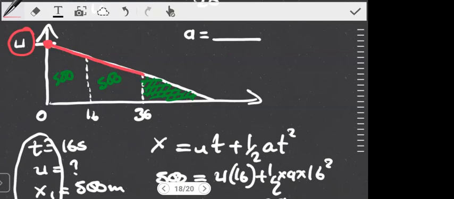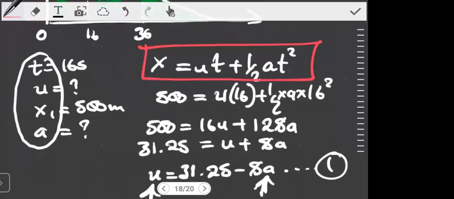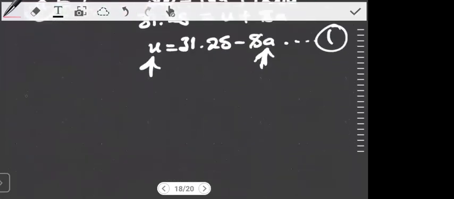So if I try to evaluate the motion in that time frame, 36 seconds, using the same equation, notice that now what I'm looking at is, my equation is S. So I'm not using S, I'm using X for displacement this time. So X is equal to ut plus half at squared.